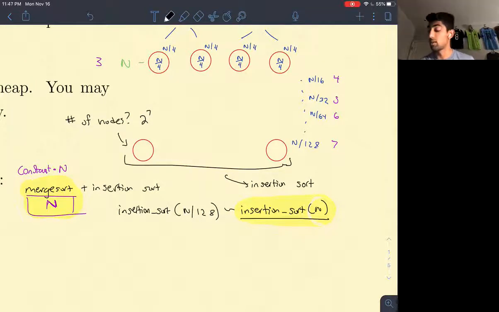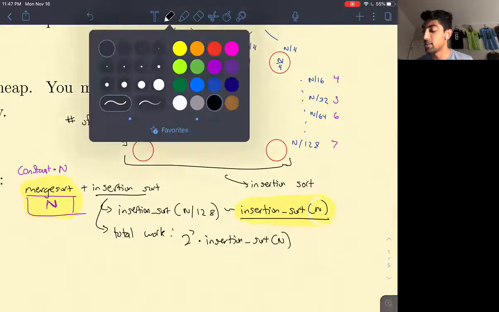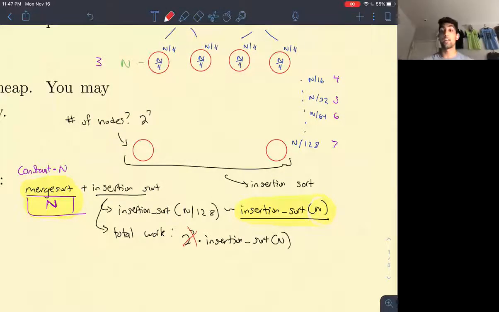There's 2 to the 7 of them. So the total amount of work we're doing for insertion sort is going to be around 2 to the 7 times the time it takes to insertion sort on n. And then we can get rid of the 2 to the 7 because it's a constant.